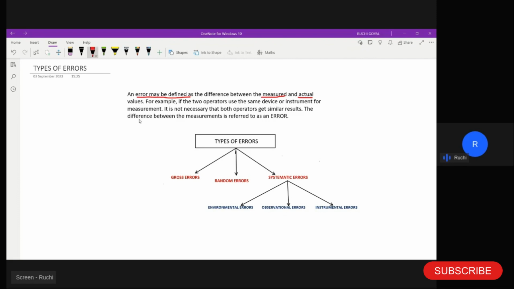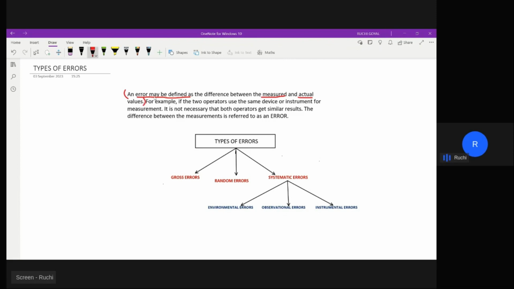So the difference between these two measurements is referred to as an error. To understand the concept of measurement of errors, we have to define the error. So this is the definition of error: it is the difference between measured and actual values.